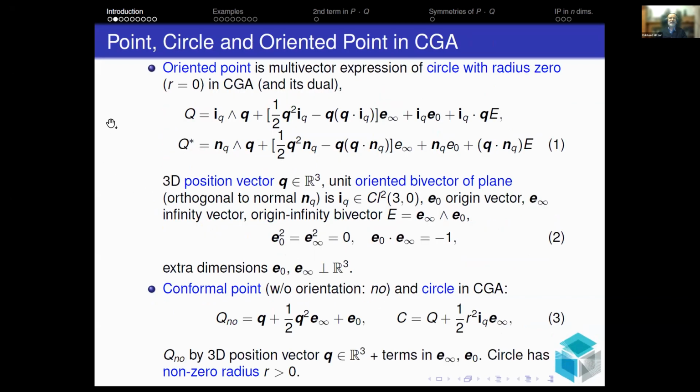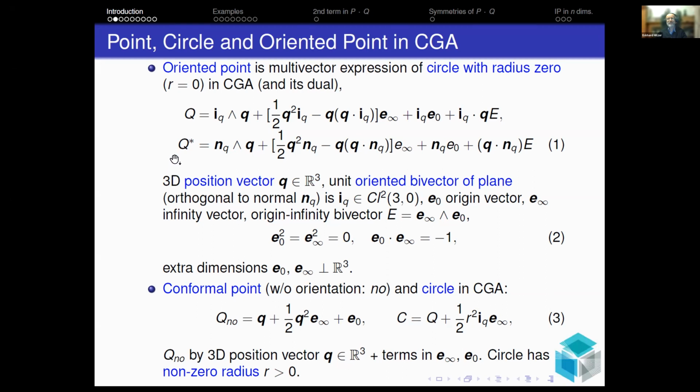Now, what is an oriented point? It is a multi-vector expression of a circle with radius 0 in conformal geometric algebra, and its dual. So it's Q and is basically given by IQ, and IQ is a bivector showing the orientation of the plane of the point, and Q itself is the position in 3-dimensional space of the point.